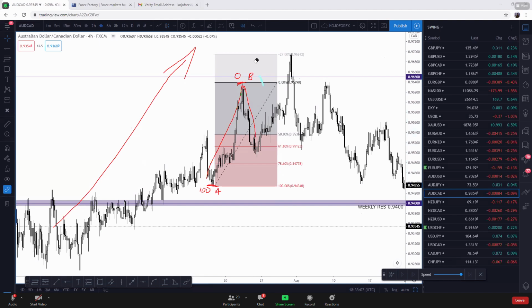When we are in an uptrend, any price that retraces beneath the 50%, that's what we call the discounted price, right?